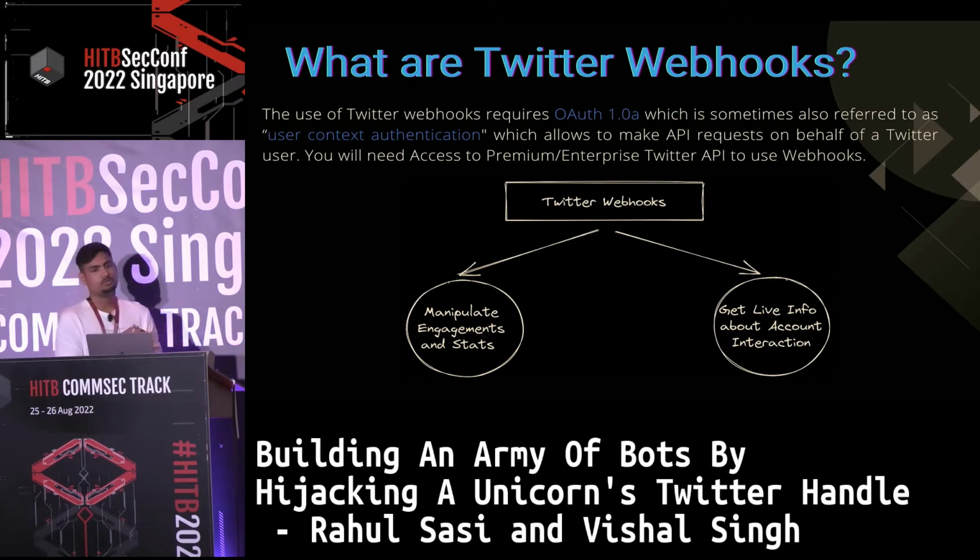When a subscribed user interacts, like tweeting, deleting a tweet, searching, reading, or simply sending a direct message to anyone, it fetches the events and sends the JSON payload in the form of events to the Twitter webhook app.